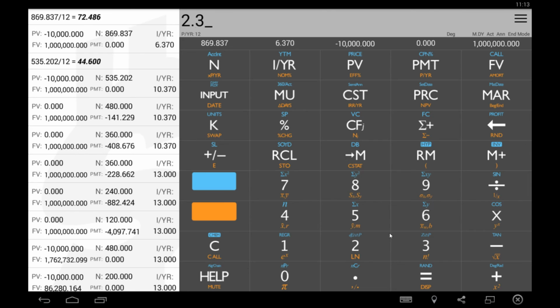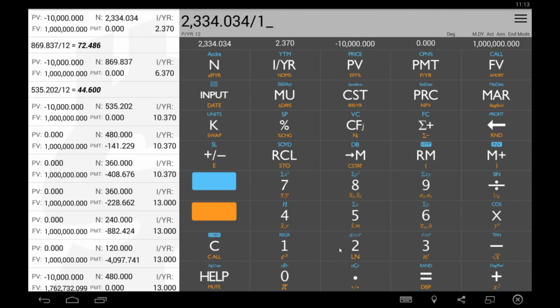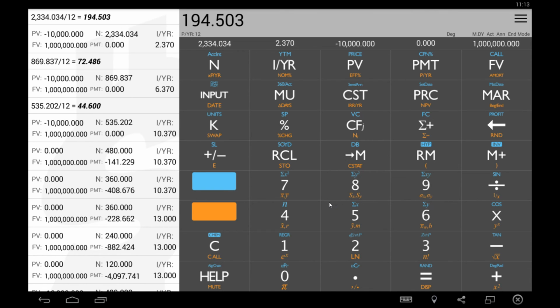Now let's say you have it in a CD or your checking account or something, right? Not even 2.37%. That's, after inflation, like a negative return. Good luck. I don't think you're going to live to be 194.